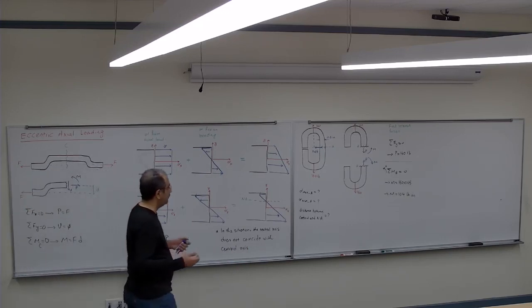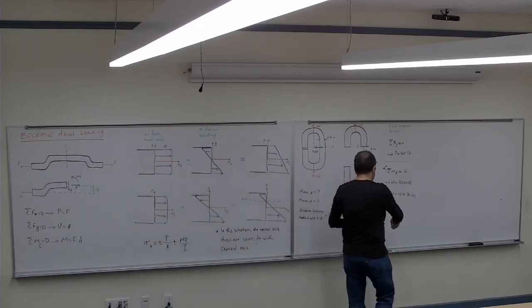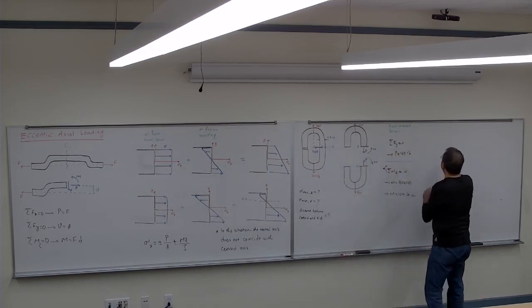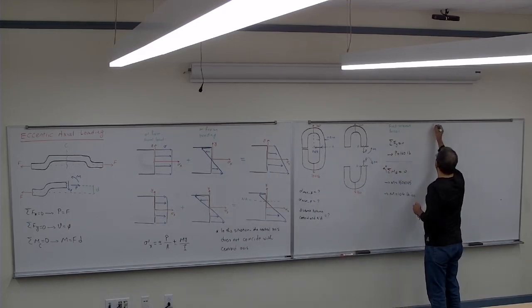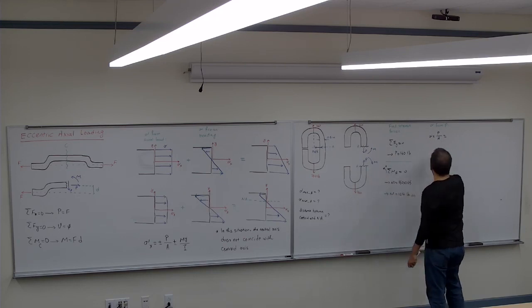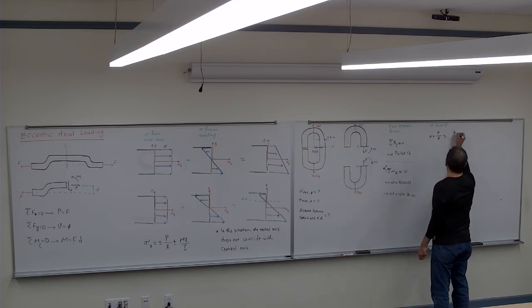First of all, I will find sigma from P. Sigma would be P divided by area, which is 160 divided by the area.